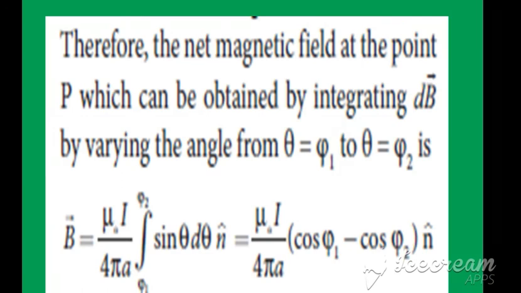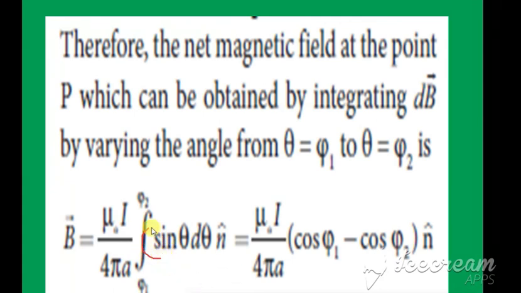Now the next, as we know from the diagram itself, the value of this moves from phi 1 to phi 2. The same way here also we are going to apply the limits from phi 1 to phi 2. Now if you apply the limits here, you will get this value as first integration of sin theta.